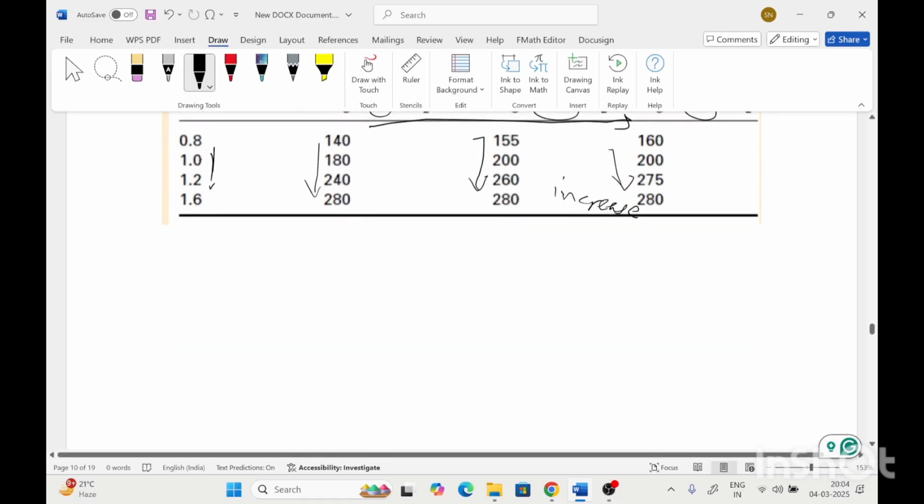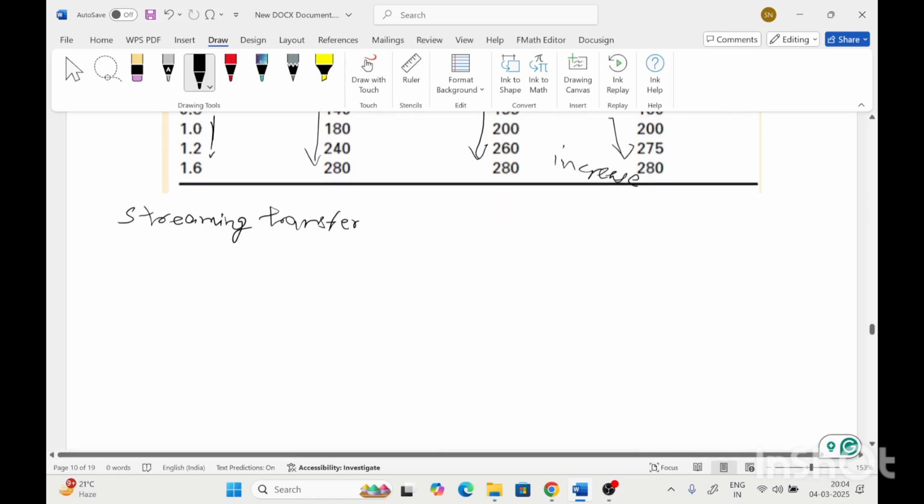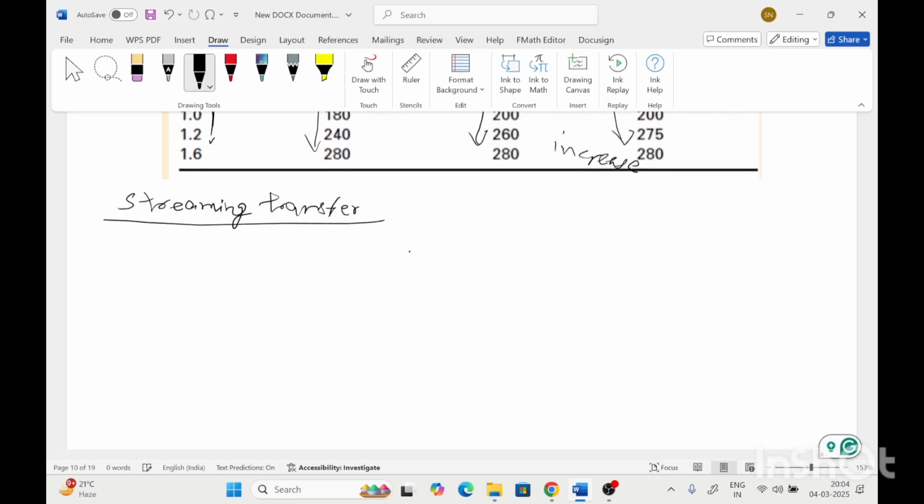Next is the streaming transfer. This occurs for very high currents, at 300 ampere. In this case, the droplet diameter reduces to a very low level.